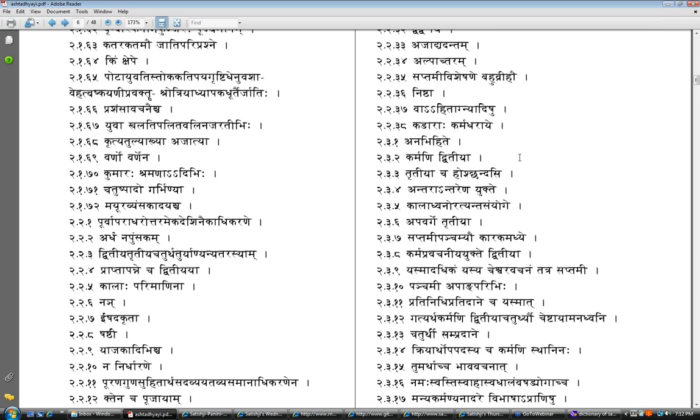Because that sutram says that, when you have a karma, you have to use dvitiya. But that has a condition on that. And that's why I'm bringing this up right now, is that the 2.3.1 says anabhihite. Anabhihite means when it is untold, undescribed. So anabhihite karmani dvitiya.